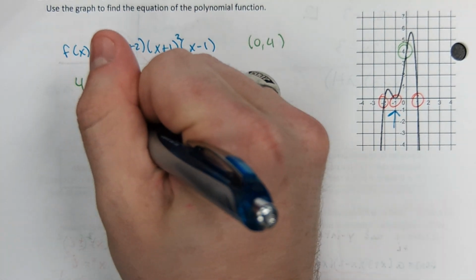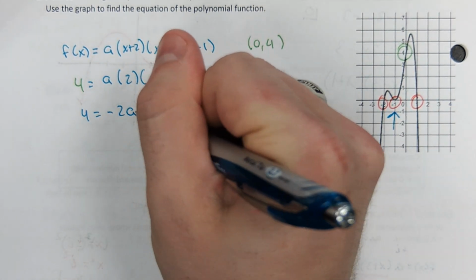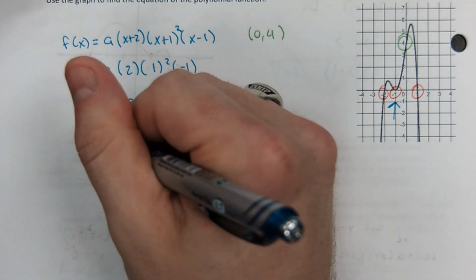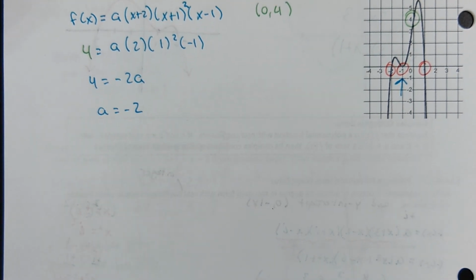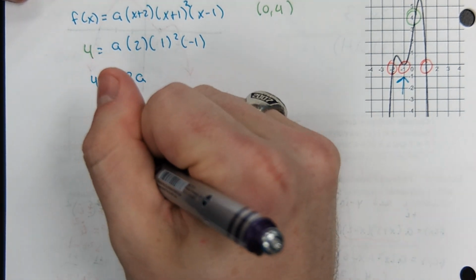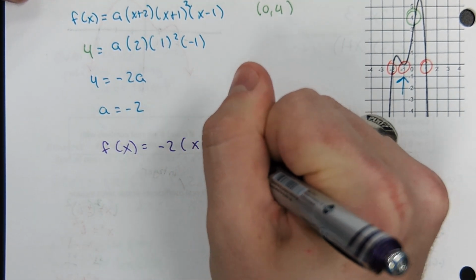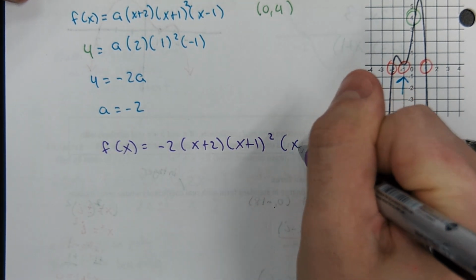Well, that gives you 4 equals -2a. So what does a equal? A is -2. So the polynomial in factored form is -2, x plus 2, x plus 1 squared, x minus 1.